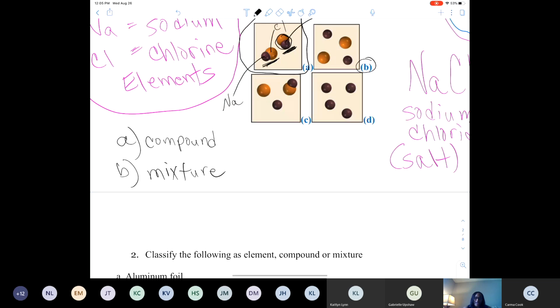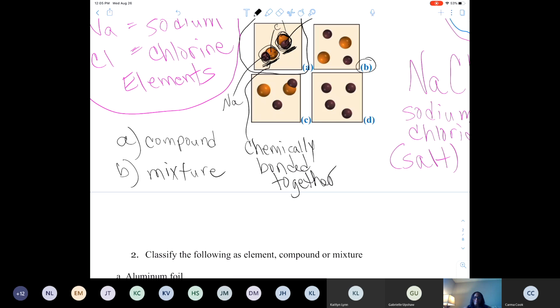See, those are chemically bonded together because they're touching. And that's what makes them a compound, these 2 guys here, because those 2 different types of atoms are touching.